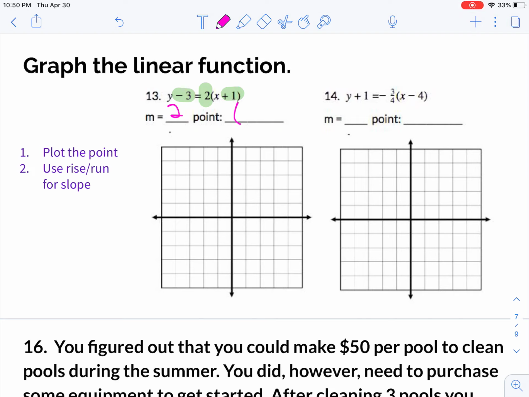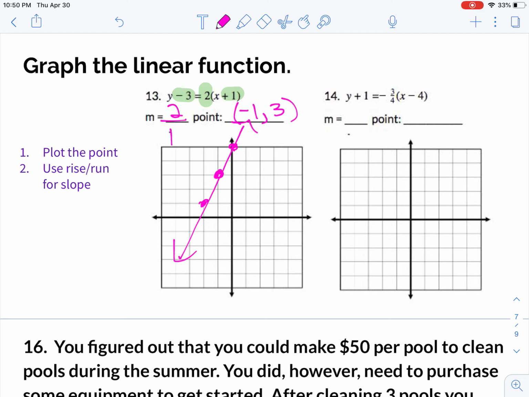So my x is going to be -1, and my y is going to be +3. So if I go -1, up 3, there's my point, and my slope is 2. Remember, slope is rise over run, so I'm going to go rise 2, run 1. Just so I have an extra point, I'm going to go down 2 and run 1, and then I just draw my line, and I've got a graph.